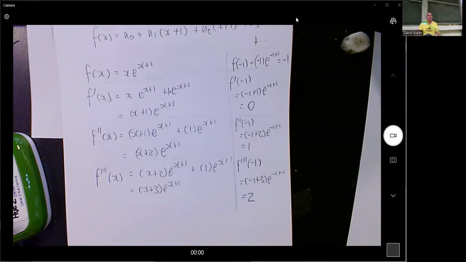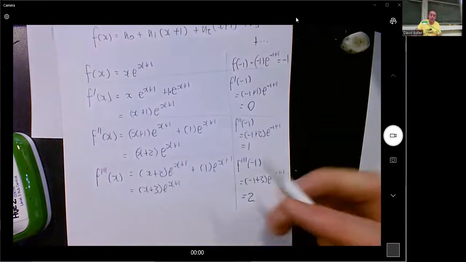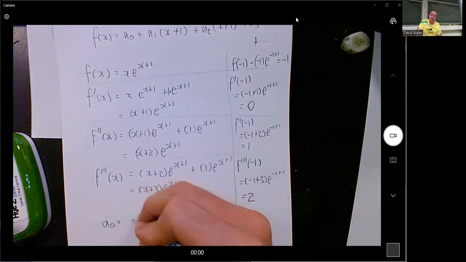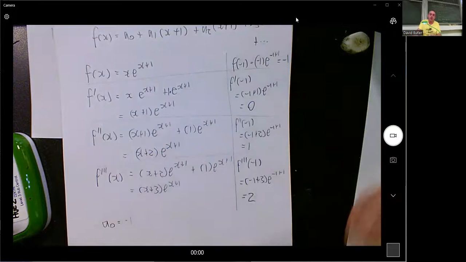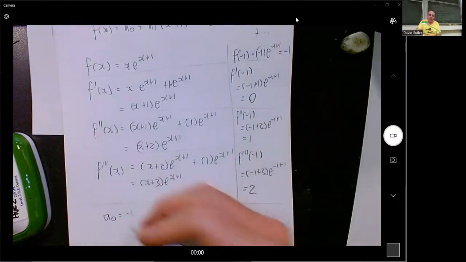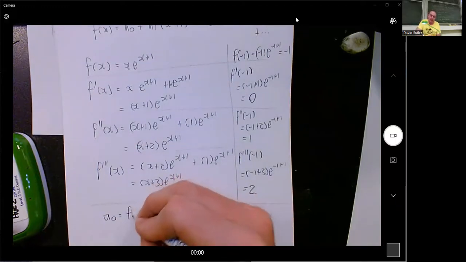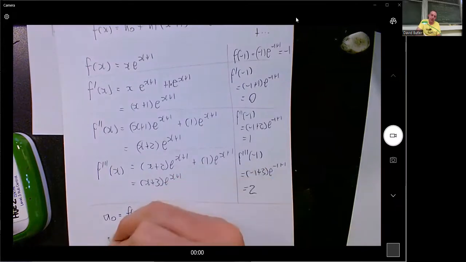And so my coefficients are going to be: A0 is going to be f of -1. If I hadn't put my page sideways, I would have done another column of the table, but I ran out of space. So A0 is f of -1, which is -1.